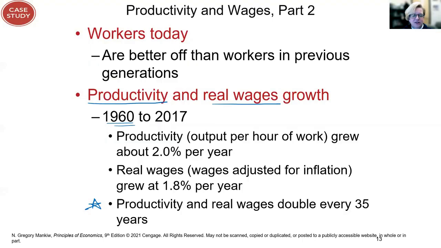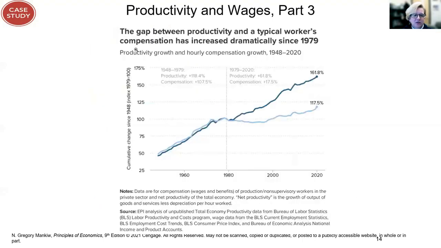And the next chart, which I find kind of interesting, shows that there is in fact a gap between productivity and compensation. So when we look at this, up until about 1979, they were pretty much the same, pretty much intertwined here, with the light blue being our wages and the dark blue being our productivity.